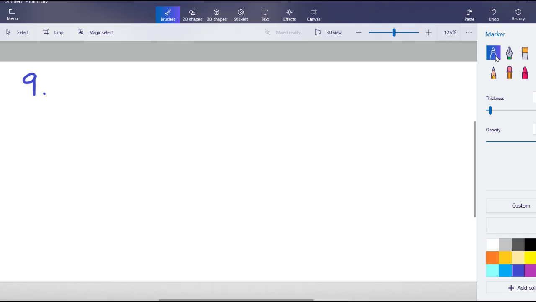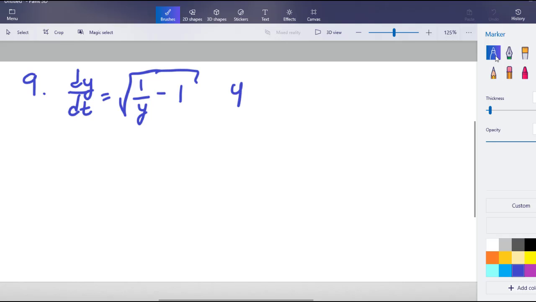In problem 9, you are asked to perform 2 iterations of Euler's approximation method to the initial value problem dy dt is equal to the square root of 1 divided by y minus 1, where y of 0 is equal to 1/2.